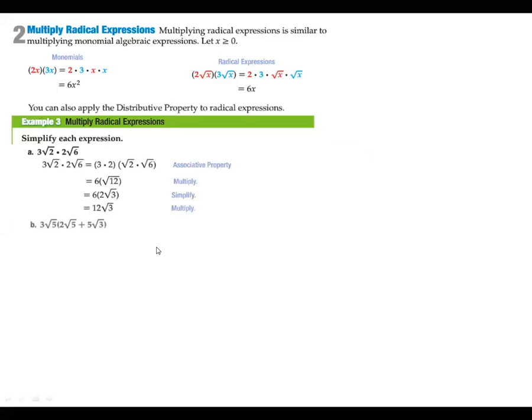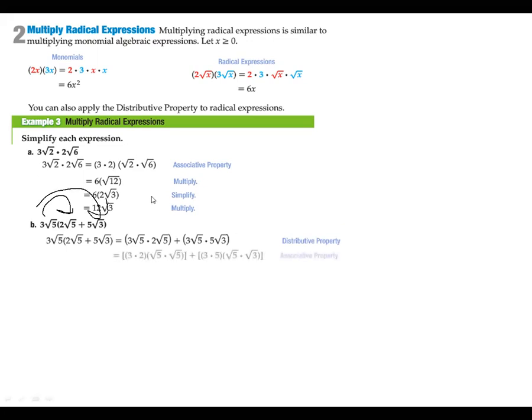How about this one? 3 square roots of 5 times 2 square roots of 5 plus 5 square roots of 3. Notice these are in parentheses. So you use the distributive property and distribute the 3 square root of 5 to each term. Okay? And then this one, multiply the 3 and the 2, which will give you 6, and square root of 5 and square root of 5, which will give you square root of 25.